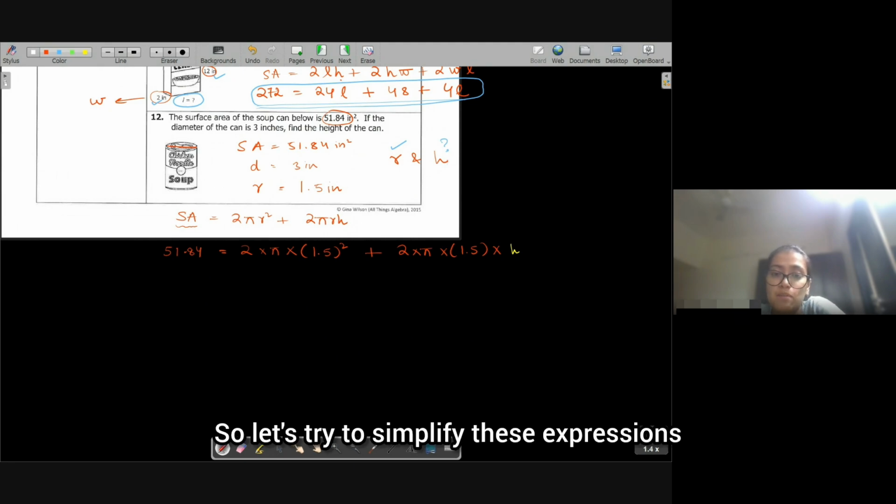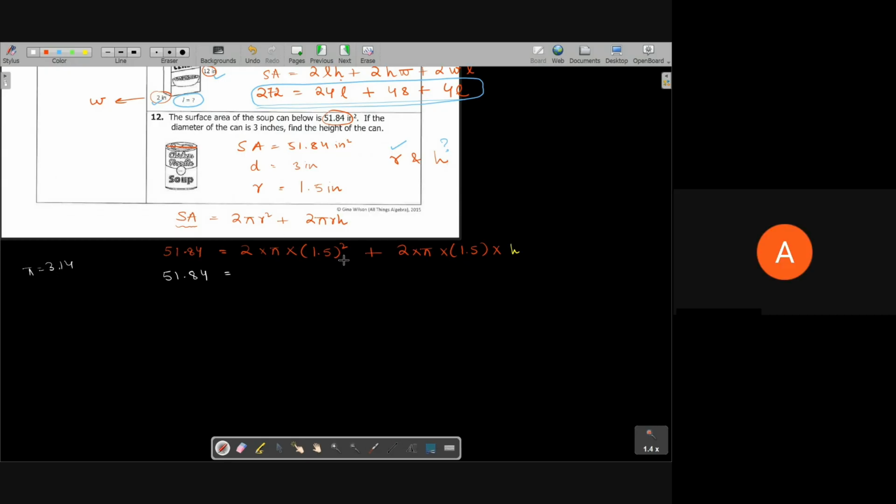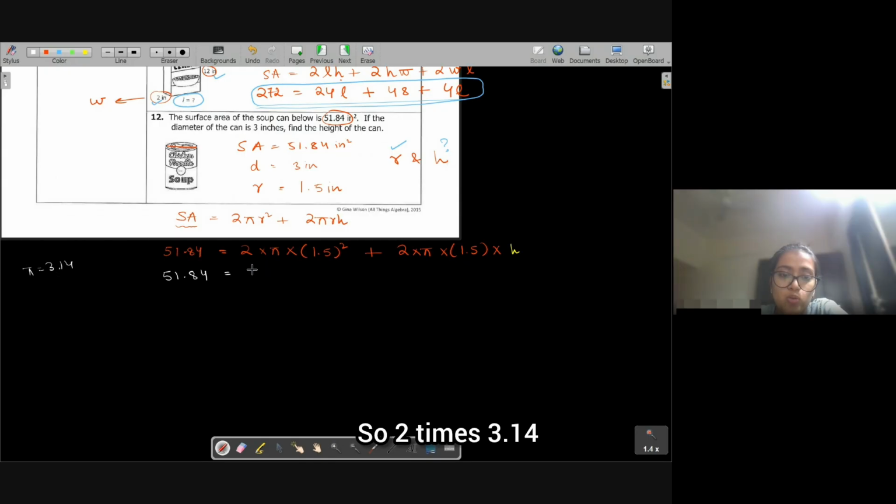So let's try to simplify these expressions. 2 times pi, and pi you can take as 3.14. So 2 times 3.14 will be 6.28. 1.5 square, we know it's 2.25.